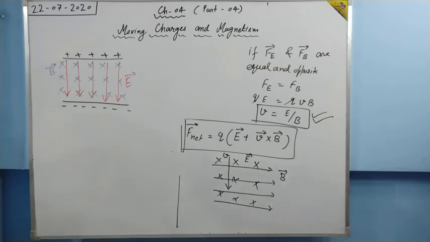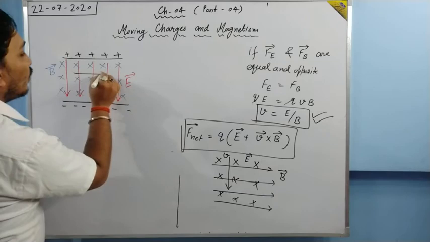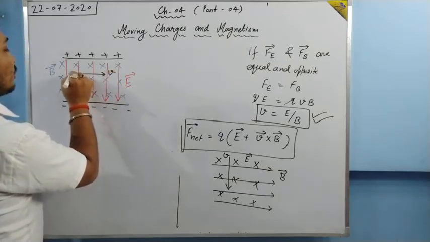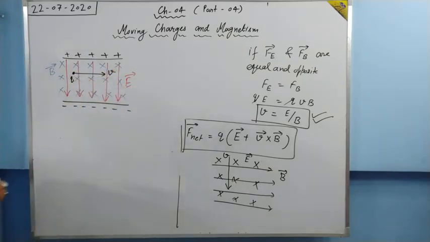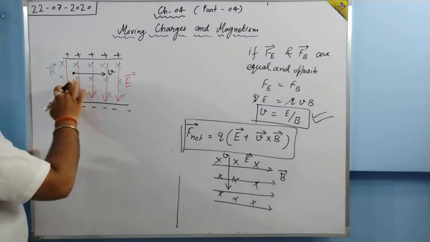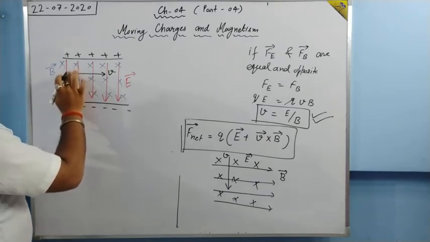Now, the charge is moving through this space and it is moving undeviated. How is this possible? If a charge is moving with a velocity v in this direction, then what will happen? Suppose the charge is here.